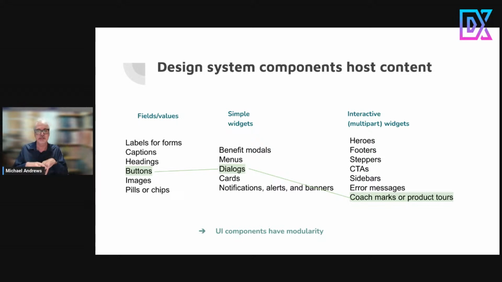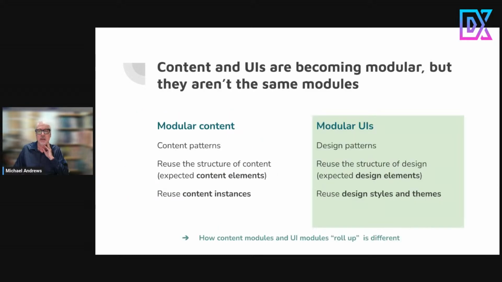That's how design systems work, and they are really in intent very similar to how we define our content in a content model. But it's really important to recognize that while they're similar in that they're both modular, they're different modules, right?